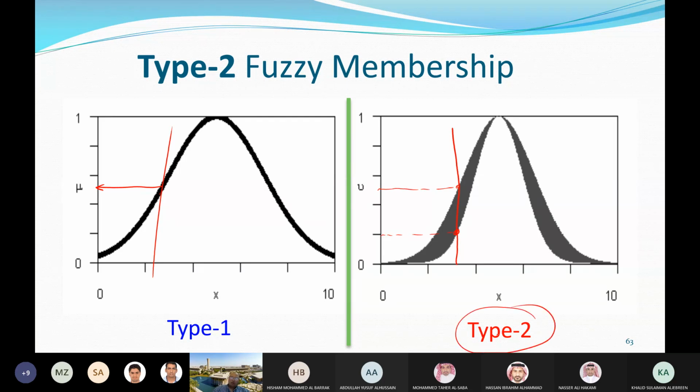You are fuzzifying the membership function itself. So it does not have a crisp limit, but a fuzzy limit here. So you can measure the minimum and the maximum here. How to implement the defuzzification? We will see later on, but let us take the question from Khalid Suleiman.